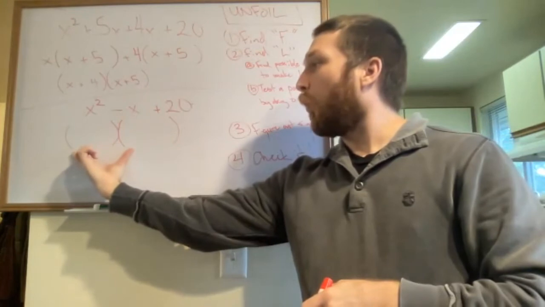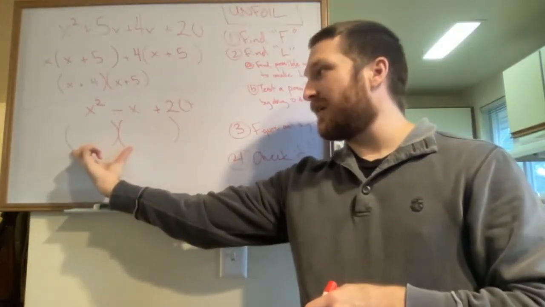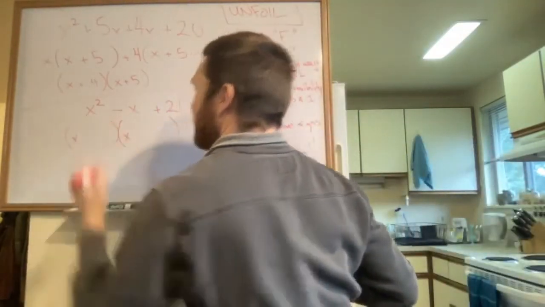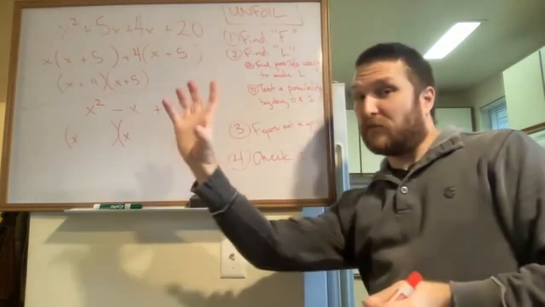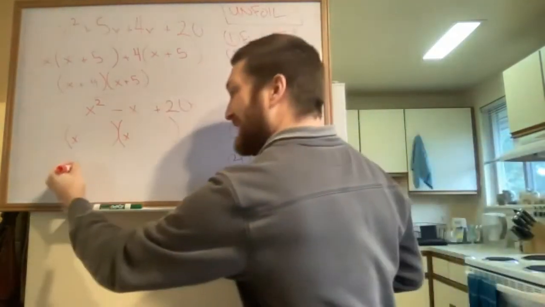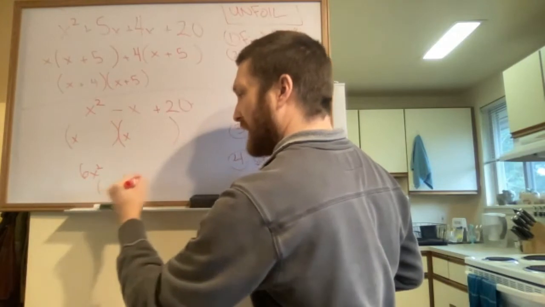So what times what gives me that right there? What needs to go right there? X's. There's no other way, right? If it were a 3x squared, one of them would be 3x and one of them would be x. If it were a 6x squared, then I'd have a few possibilities.